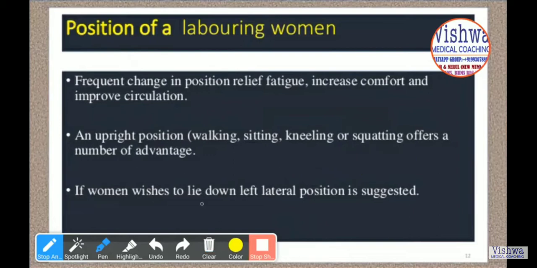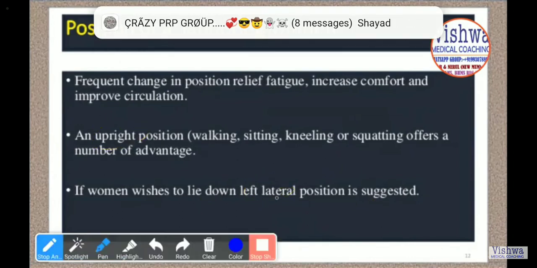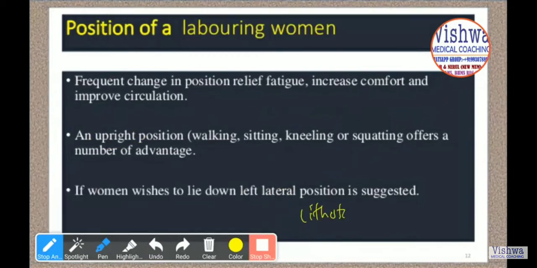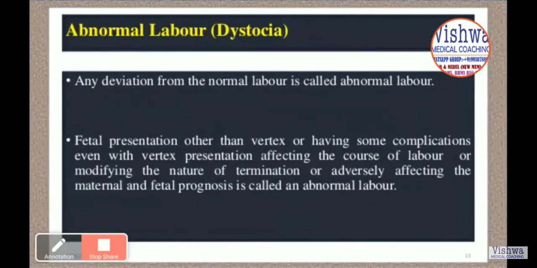We also sometimes have an upright position, left lateral position, sitting position. There are various positions, but the most commonly accepted position that you should know is the lithotomy position. That is the normal position for labor. Any deviation of the labor apart from all these things is called an abnormal labor.